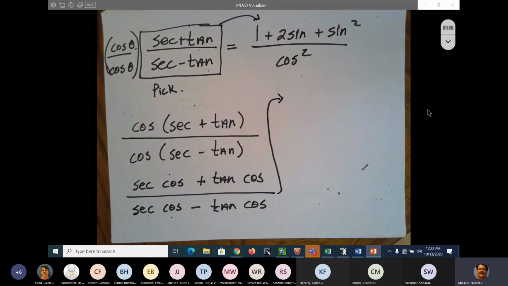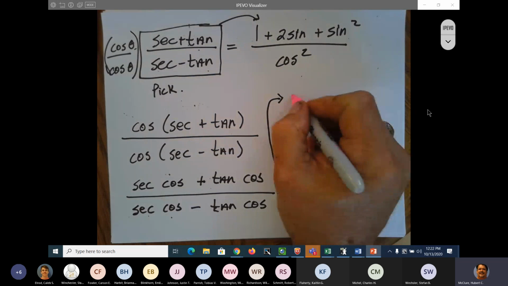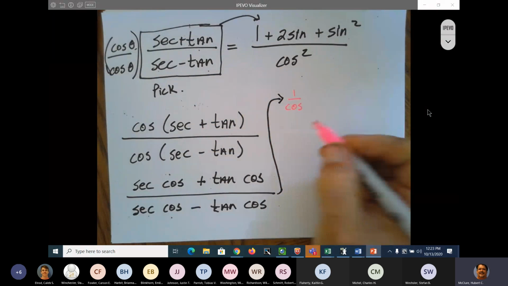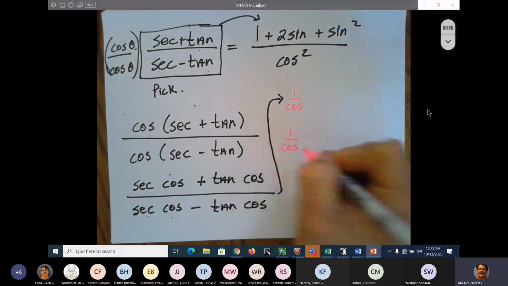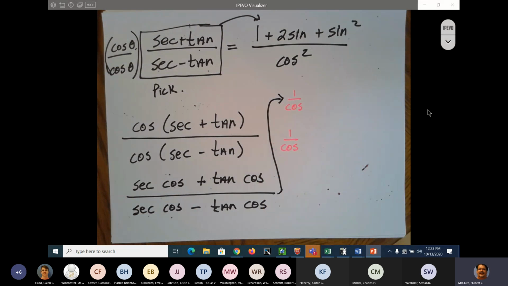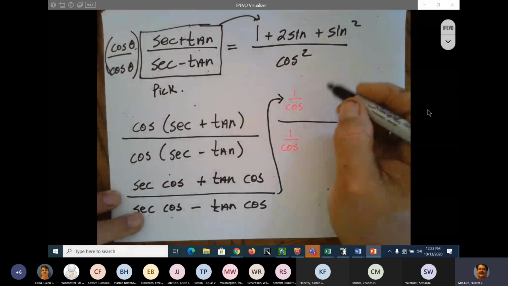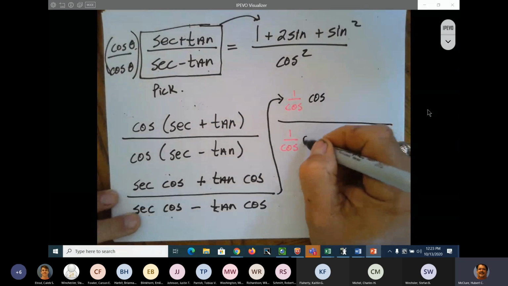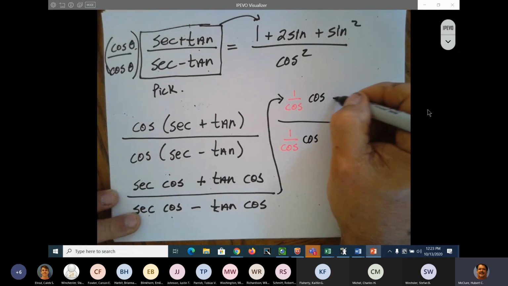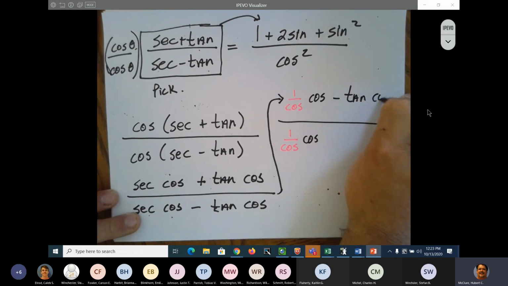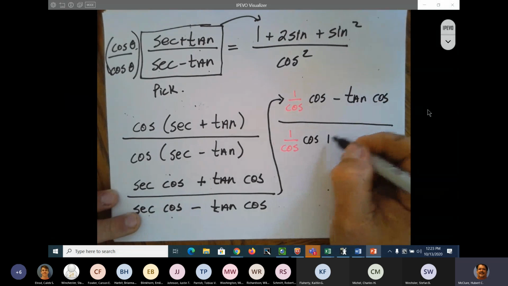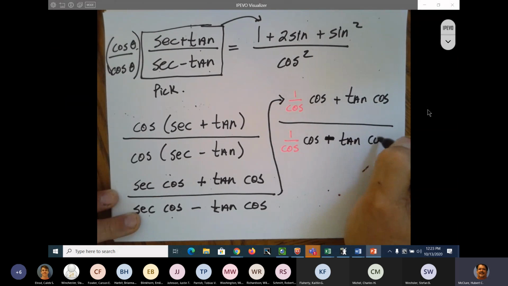I'm going to rewrite that secant as 1 over the cosine, times cosine, plus tan cosine, over 1 over the cosine times cosine, minus tan cosine.